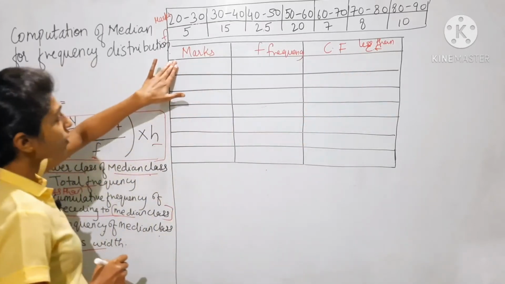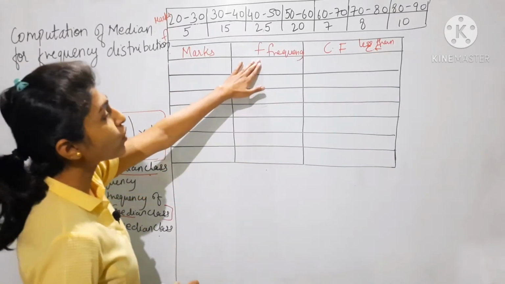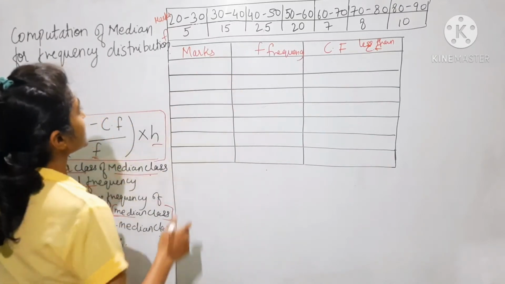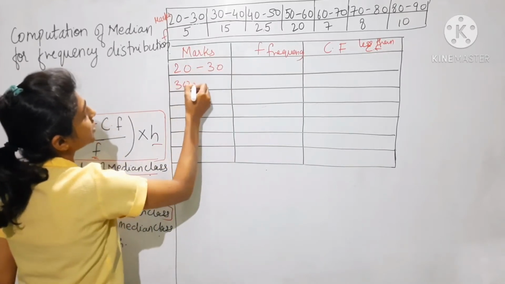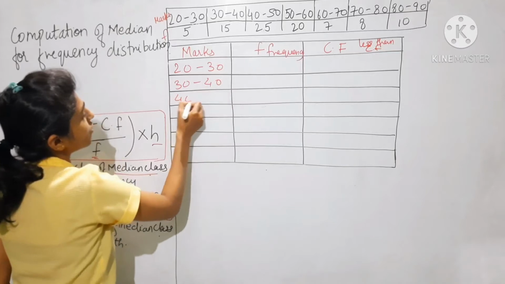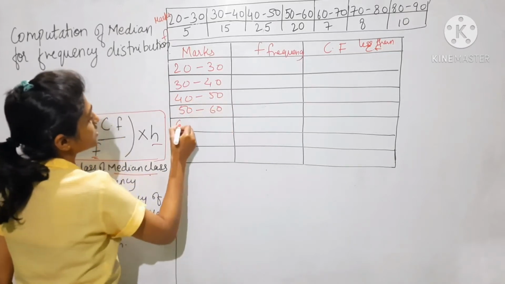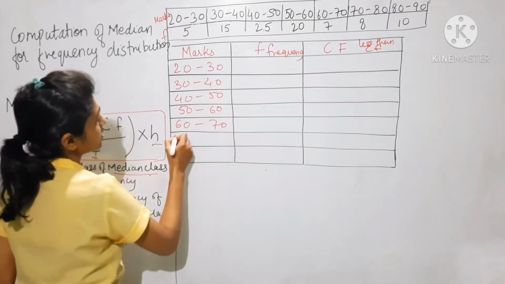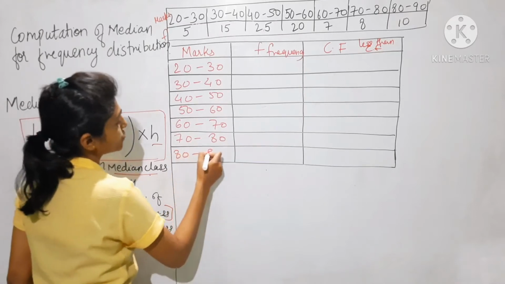So now note down all the marks in the marks column and all the frequencies in the frequency column. So first is 20 to 30, 30 to 40, 40 to 50, 50 to 60, 60 to 70, 70 to 80 and 80 to 90.